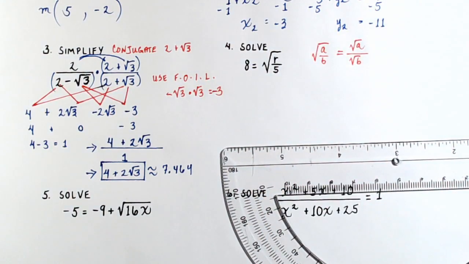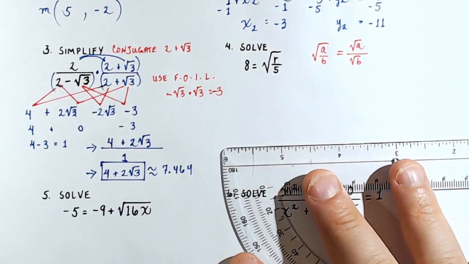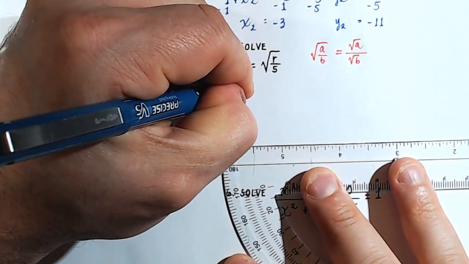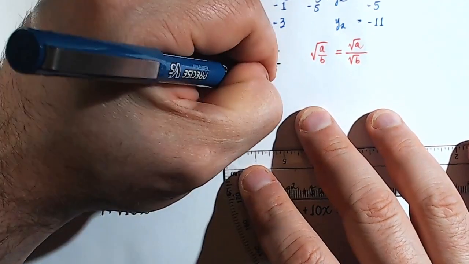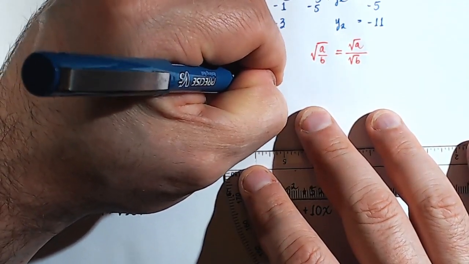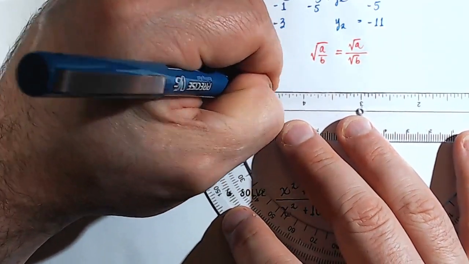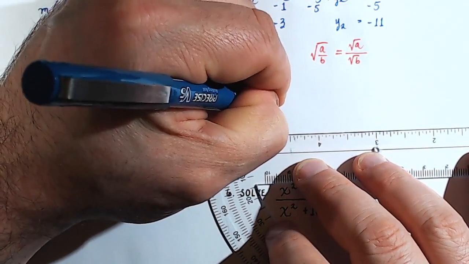That will be the first trick we'll exploit. So I'll rewrite 8 equals, but instead of this huge square root, I'll write 2 small square roots. Square root r over square root 5.